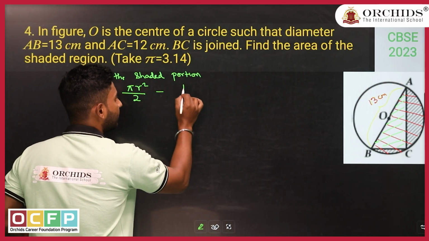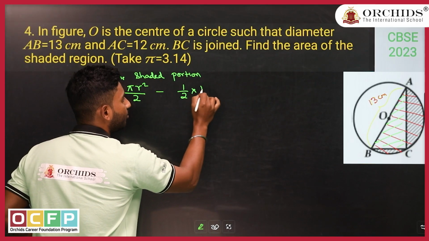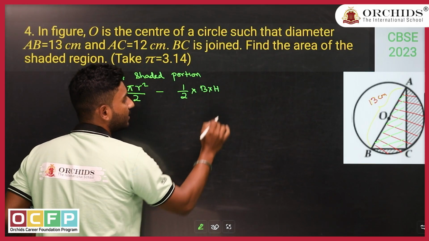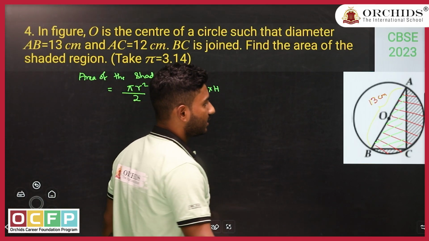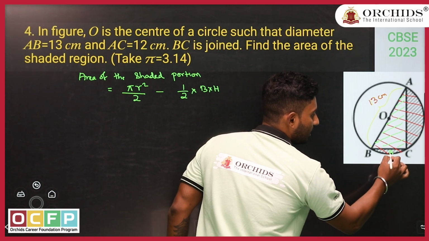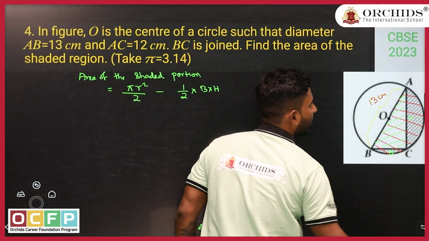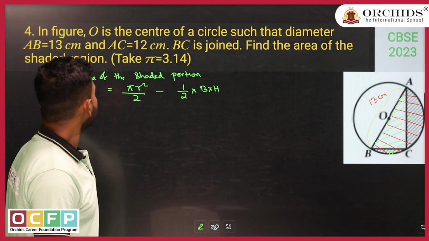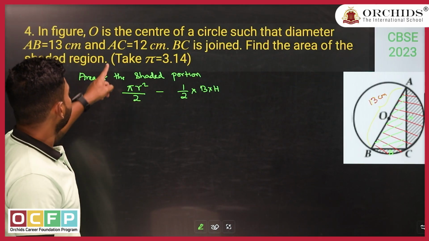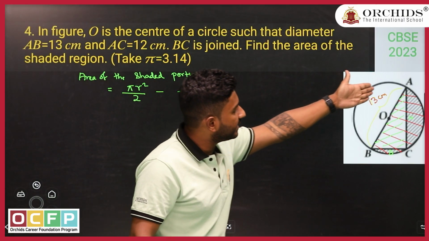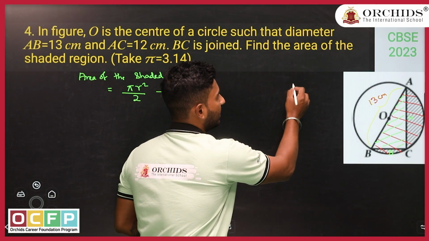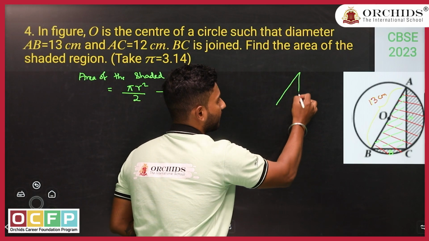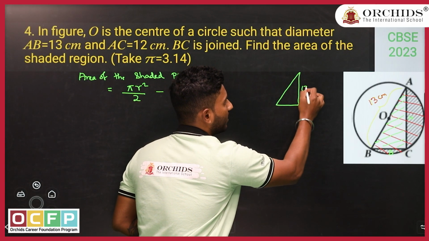Now, what is the triangle area? Half into base into height. What is the base? Here is the base. What is the height? This is the height. But what we know is only AC. In this triangle, if I draw it separately, I know this part.